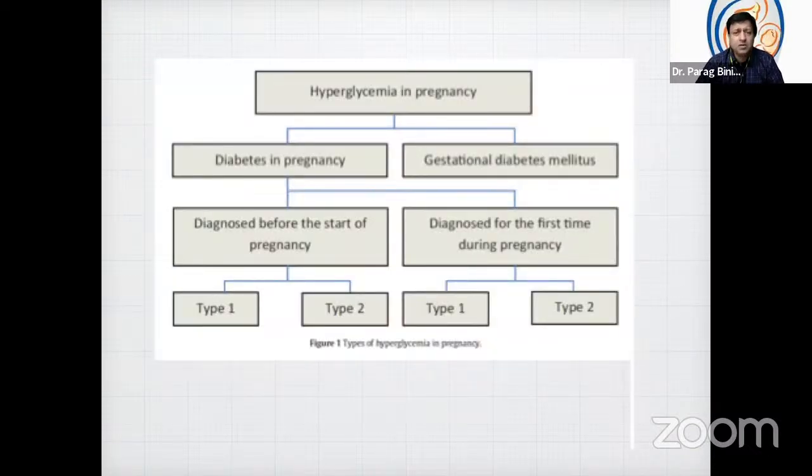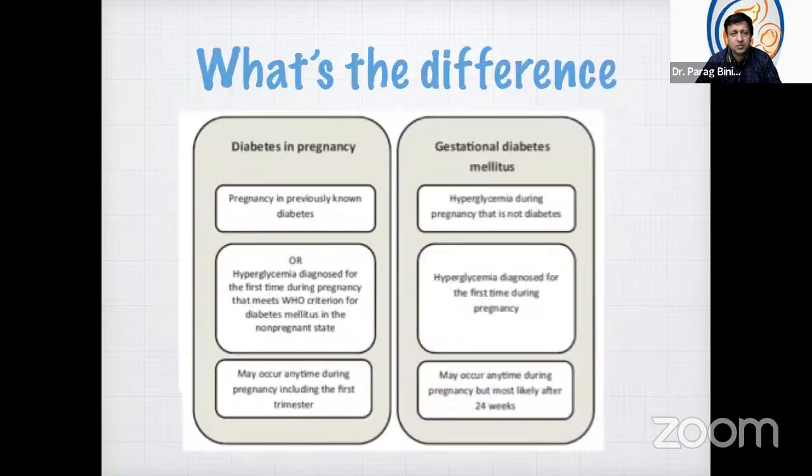So when we talk about hyperglycemia in pregnancy, we are probably dealing with a woman who is already diabetic, diagnosed before the onset of pregnancy, so it could be type 1 or type 2, or a woman who becomes gestational diabetes mellitus, where the diagnosis is done for the first time during pregnancy.